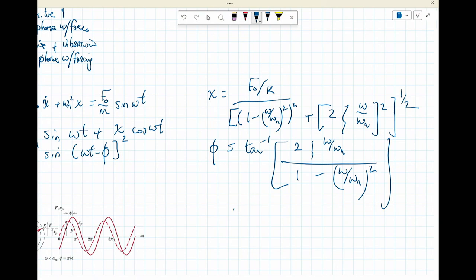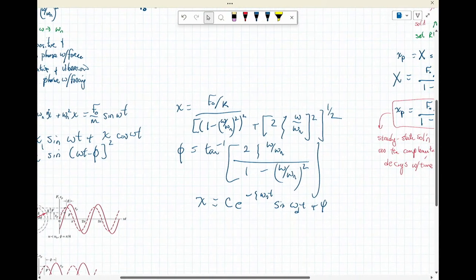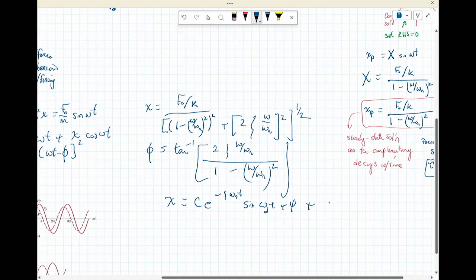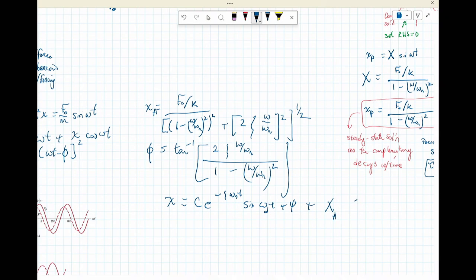In your solution, not to forget that, C e to the minus zeta omega n t sine omega d t plus psi, plus X, let me call that Xa so I don't mess that up, sine omega t minus phi. And that's assuming an underdamped case.